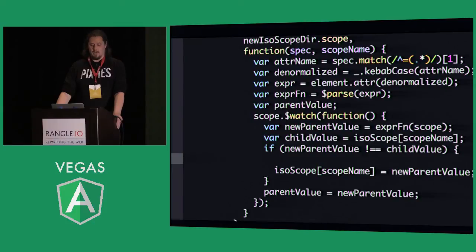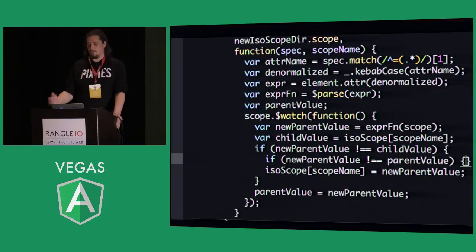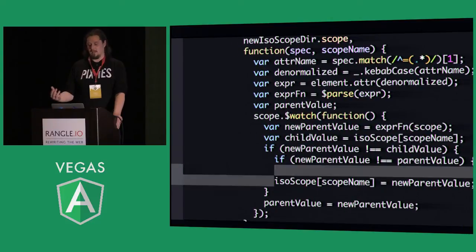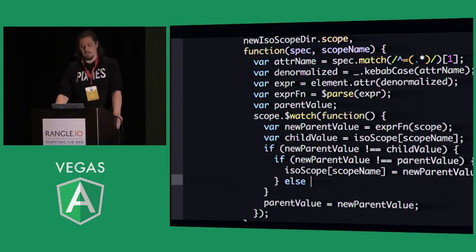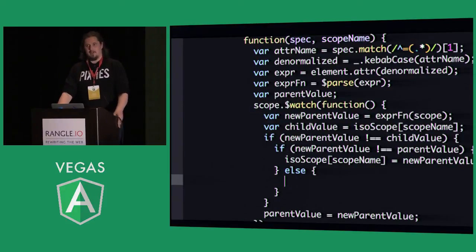We can check, is the new parent expression value different from the previous one? Because if those are different, the parent expression value has changed. And we need to do what we did earlier, which is to put the new value on the isolate scope. But if those two are the same, and we still have detected a change, that means that the value of the attribute on the isolate scope must have changed. And here's where we need to do that other direction of the two-way data binding.